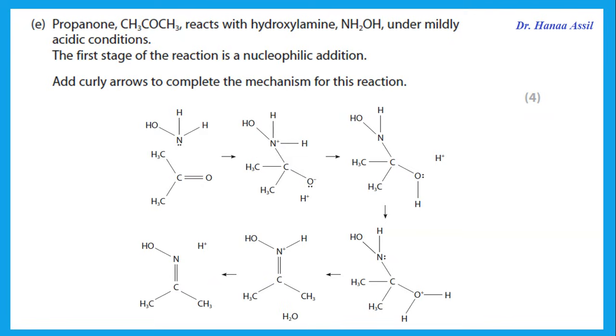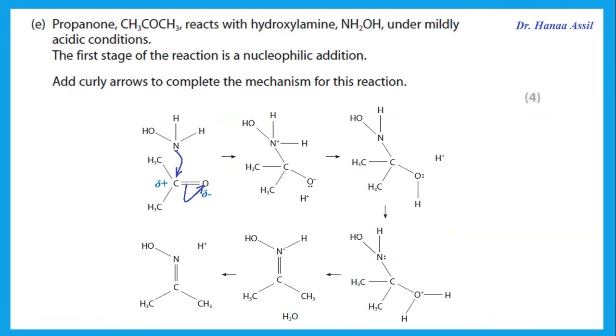Propanone reacts with hydroxylamine under mildly acidic conditions. The first stage of the reaction is a nucleophilic addition. Add curly arrows to complete the mechanism for this reaction. So, we say we have nucleophilic, that means the lone pair of electrons on the nitrogen will attack the slightly positive carbon of the carbonyl.